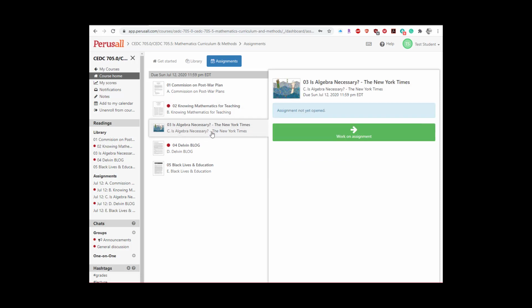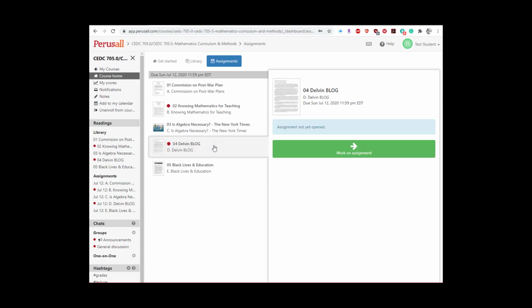The New York Times article asks, is algebra necessary? So you can give your points on that. The Devlin blog is a rebuttal to the New York Times article. And finally, this last article is a short compilation of points and reports that address how minorities may be placed at a disadvantage when untrained teachers are fed into low socioeconomic schools.